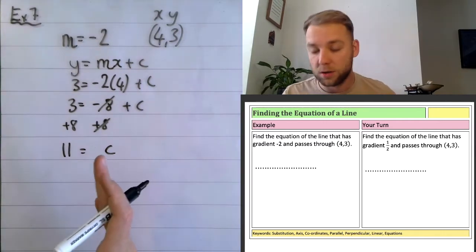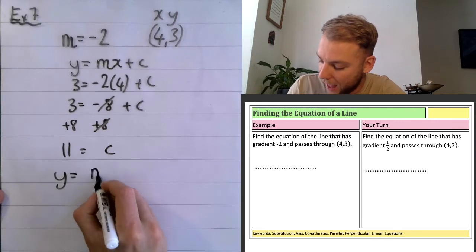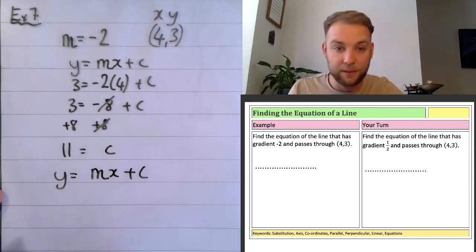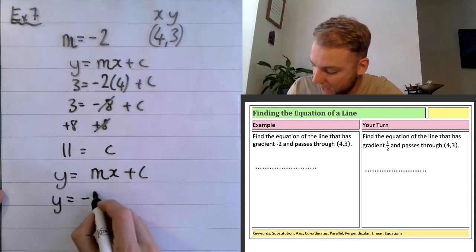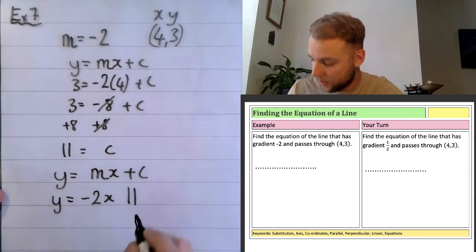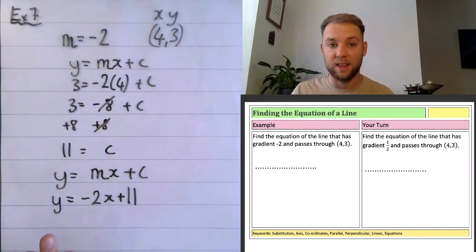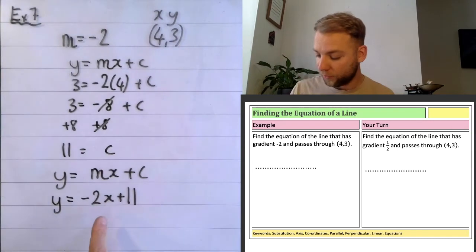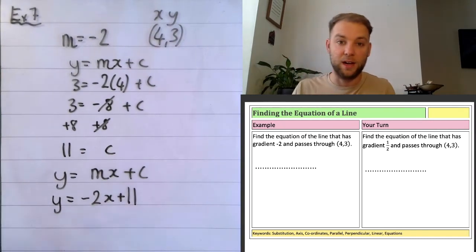I've got to write it in the equation of line, so y equals mx plus c, where m in this case is equal to negative 2, and c is equal to 11. So y equals negative 2x plus 11. Now remember, you can sub any points into there. So if I was to sub 4 into there, I would get a y value of 3. There are an infinite amount of points on this.